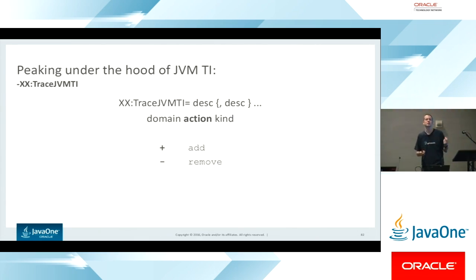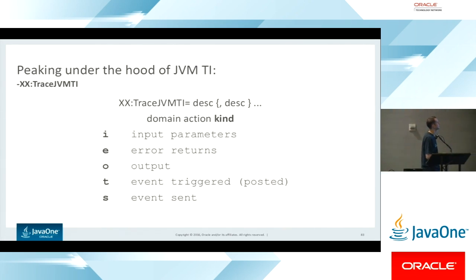The reason you'd want to remove tracing is that in a previous descriptor you add everything, and you want everything except one little part that happens very frequently and that you're not interested in. So by combining multiple descriptors together and adding and removing in chunks, you can narrow it down to exactly what you want to trace.